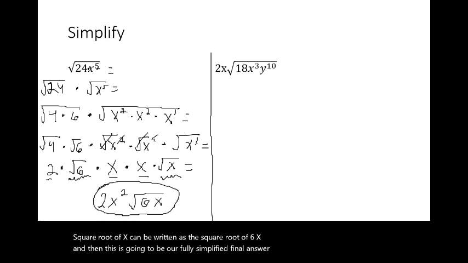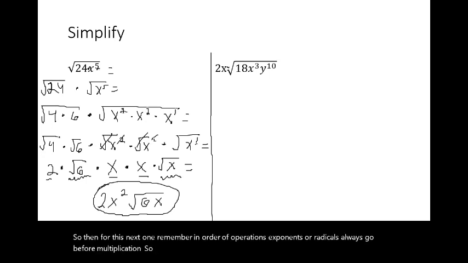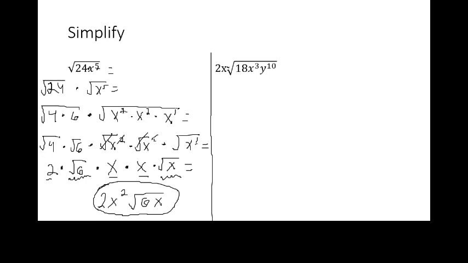So then for this next one, remember in order of operations, exponents or radicals always go before multiplication. So since there's multiplication between that 2x and that radical, the 2x is technically separate and it's going to be done separate. So I'm going to first focus on simplifying the square root first, and then I'm going to take care of that times 2x.